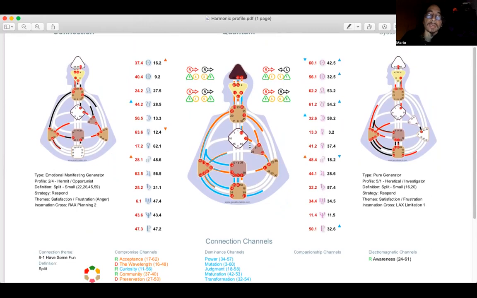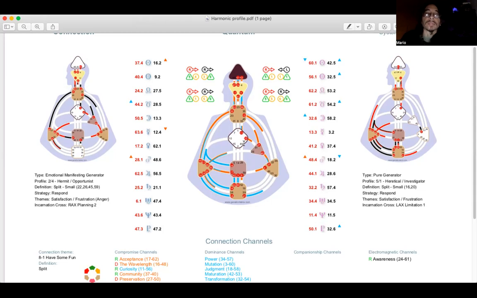The connection theme of the centers is very powerful, and it tends to rule where the two people are inspired or influenced. It's the window to the outer world. It's where they're open, where they get conditioned from the outside together in connection. And so in this particular case, you have 8 and 1, have some fun, Ra's nursery rhyme.